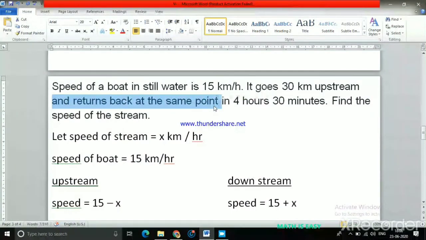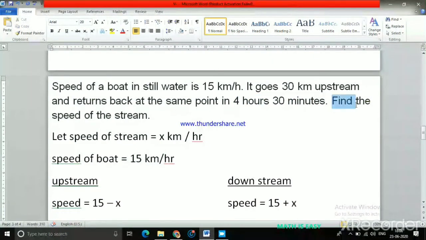That means it travels 30 kilometers upstream against the water and comes back again 30 kilometers so that it can come to the same point, in 4 hours 30 minutes. So total time to go and come back will be 4.5 hours. 4.5 is a mixed fraction, 4 1 by 2. I can write it as 9 by 2.